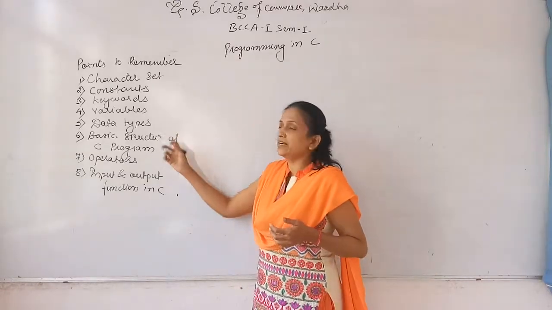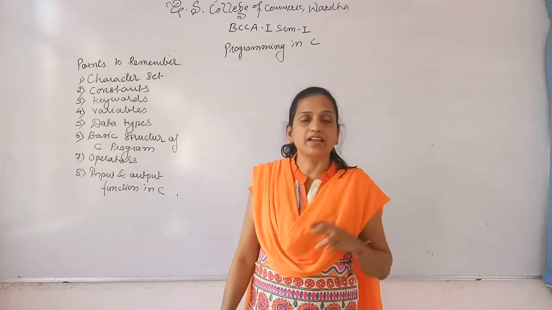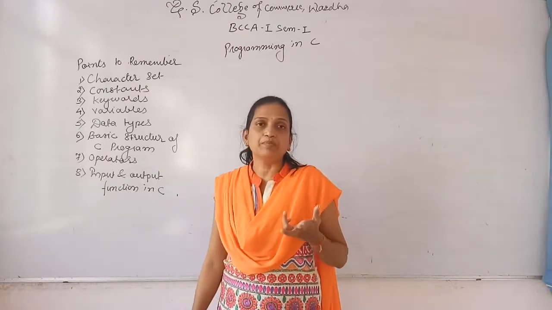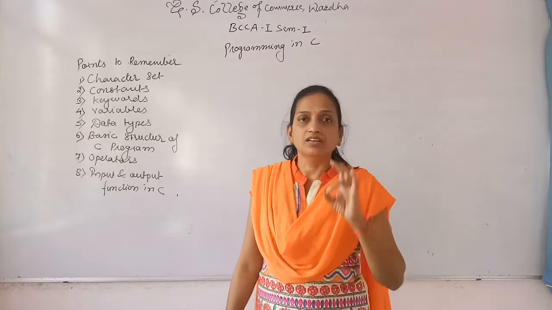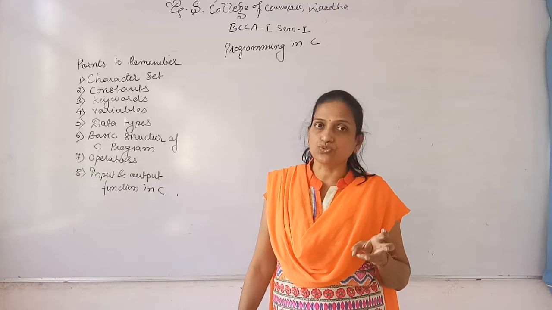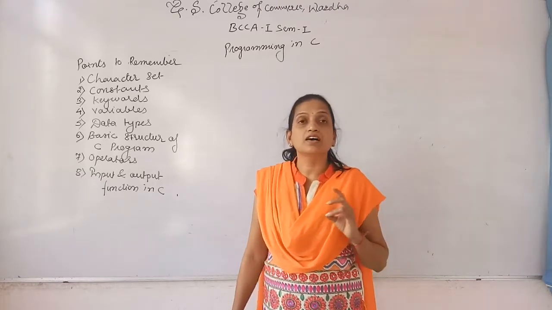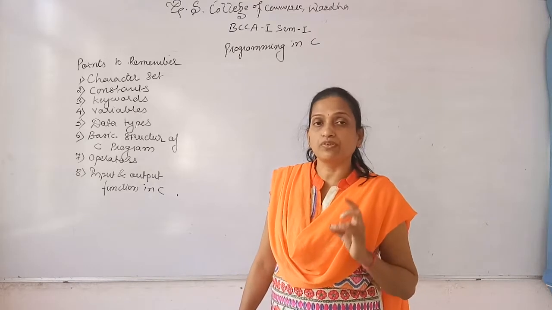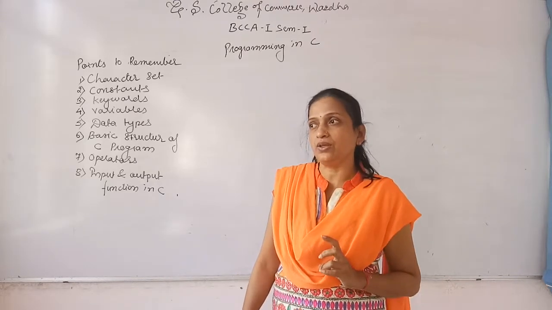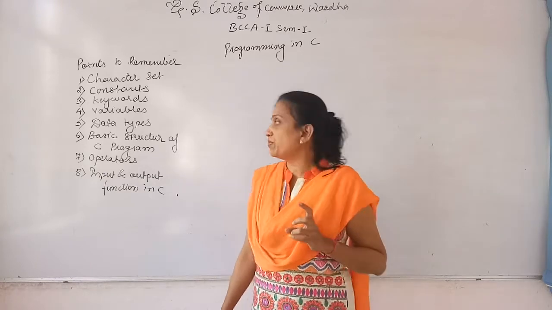Next, data types. There are 2 types of data types, primary and derived. We learned the primary data types: integer, where we can store any integer value, a value without a decimal point; and float, the floating point type, where we can store a value that can contain a decimal point.